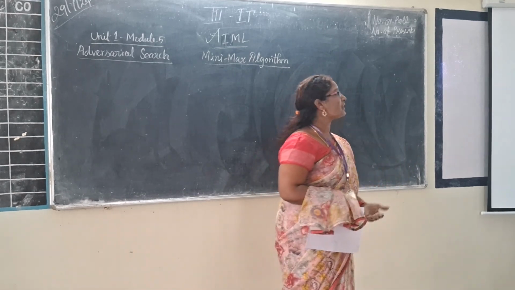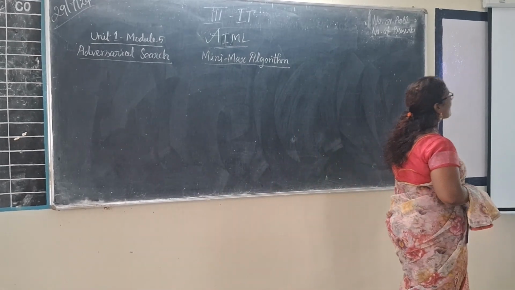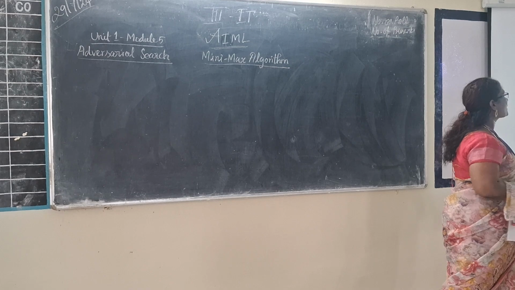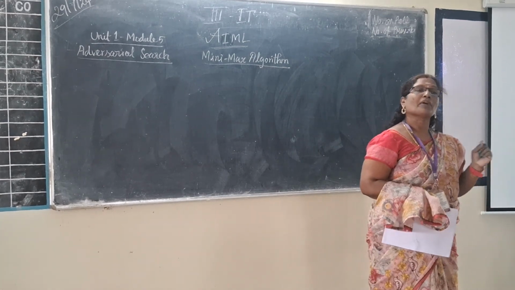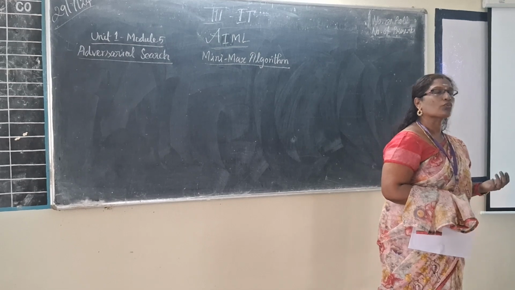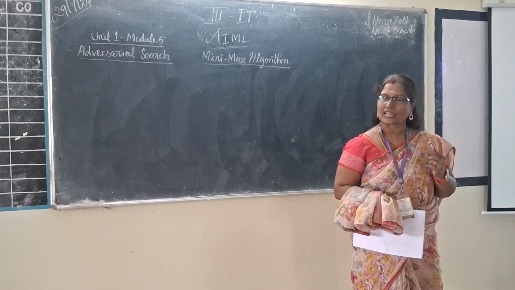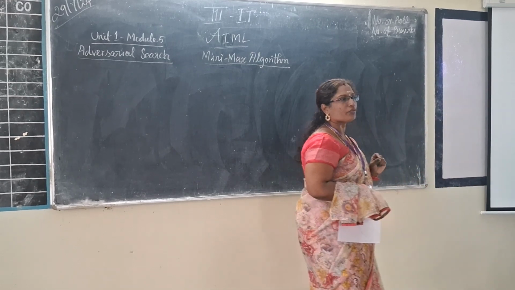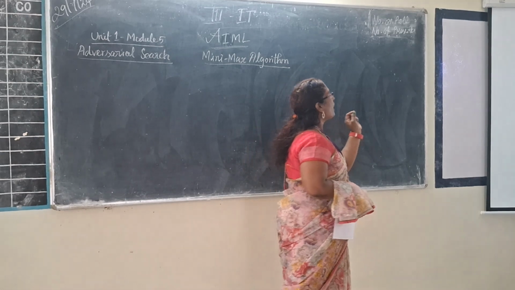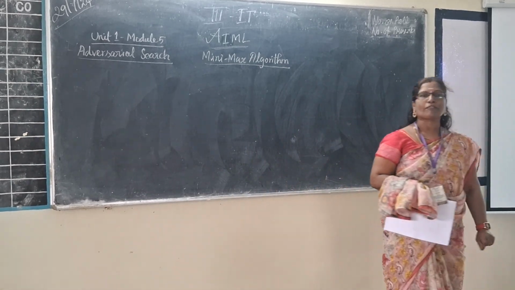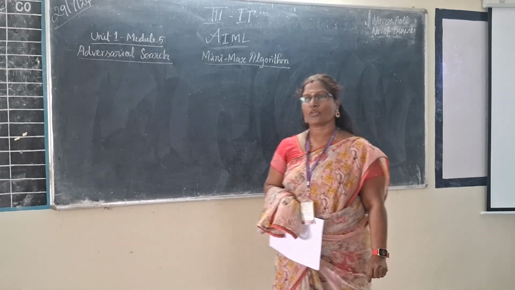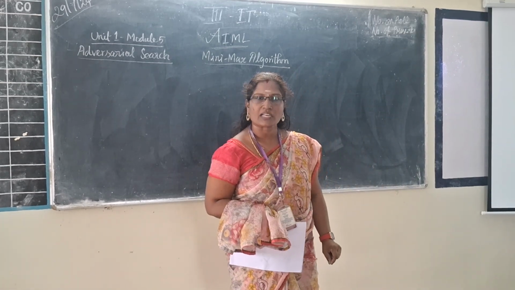Okay, so all the algorithms we were dealing with were only to find a solution in the single agent environment. But they cannot be used as they are for the multi-agent environment, and that is where we go to another concept called adversarial searches. It is mainly applicable to the multi-agent environment. What do we mean by multi-agent environment?